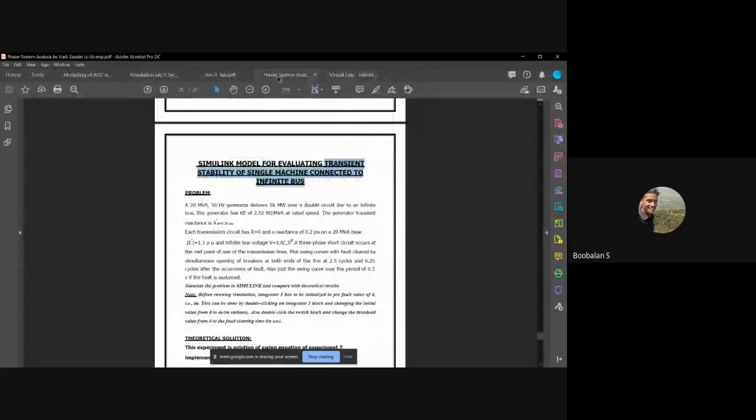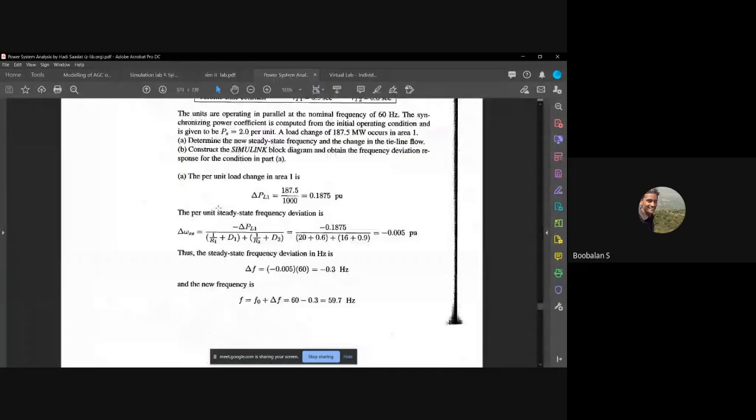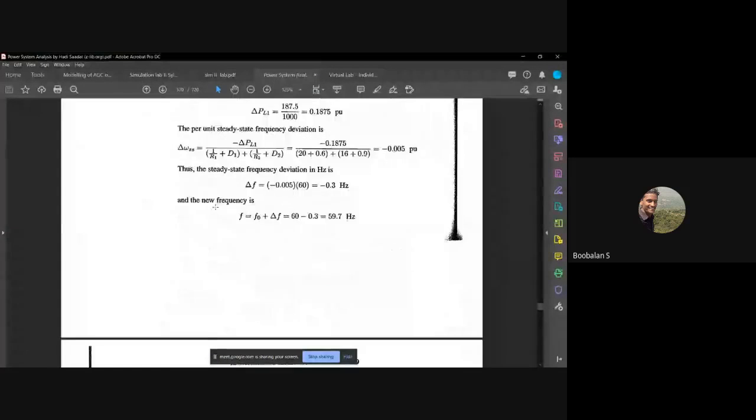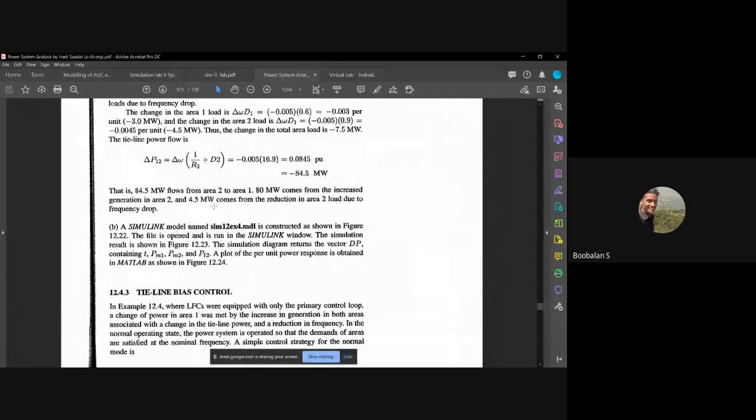Just going to the PDF, I'm looking for the PDF. Is that the given problem? Per unit PM2, P12, you could see.